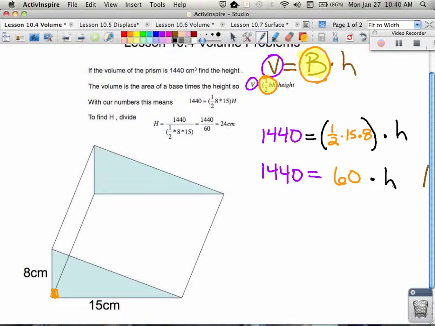If I divide both sides by 60, I find that the height of my prism will be 1440 divided by 60, or in other words, 24 centimeters. Notice how this label is not cubed. That's because we are not looking for a volume. We're looking for the height of the prism.